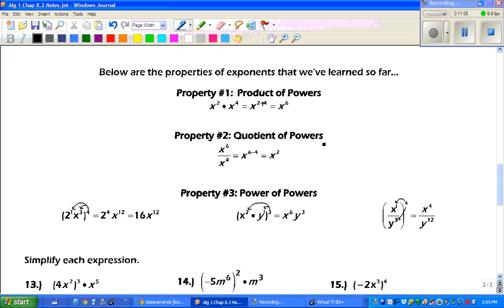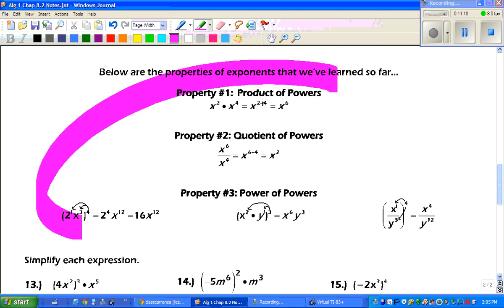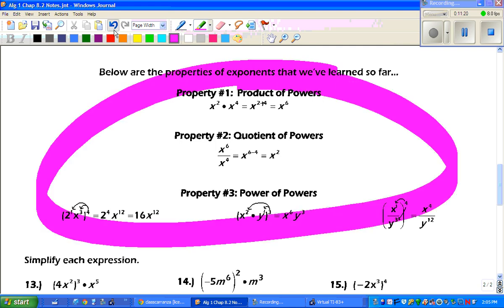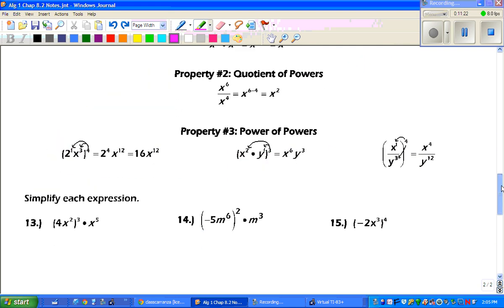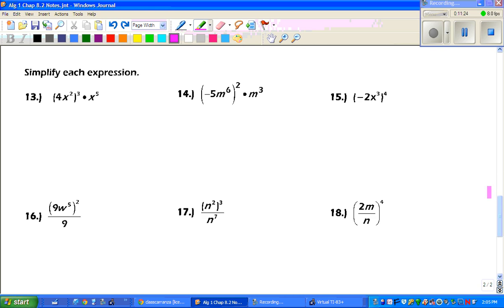Quotient is when you subtract them. And the power of a power property is when you distribute and multiply. Okay? So there are examples of all three of those in here. Now, let's start working with some of these together.